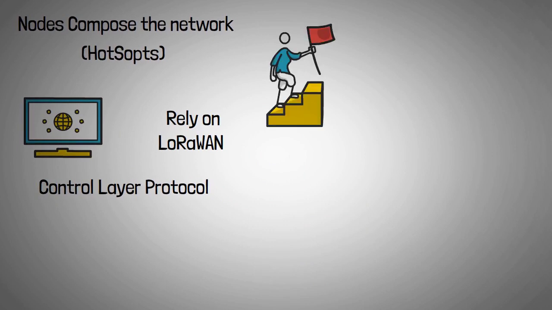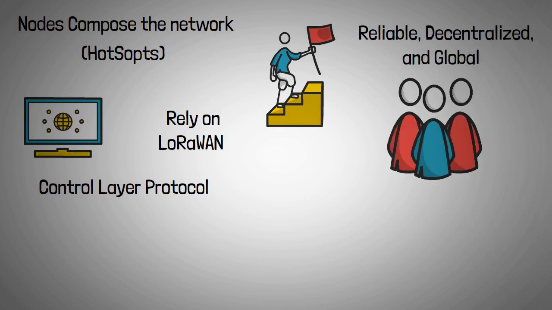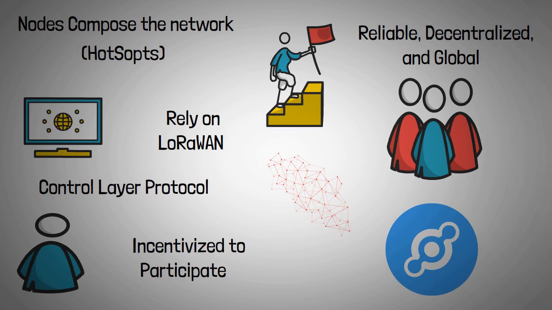Helium aims to create a reliable, decentralized, and global network for IoT devices that rely on the community of HNT holders. The network consists of nodes, hotspots, that are run by node operators who are HNT holders. By hosting hotspots and managing nodes, users are incentivized to participate in the network's functionality.